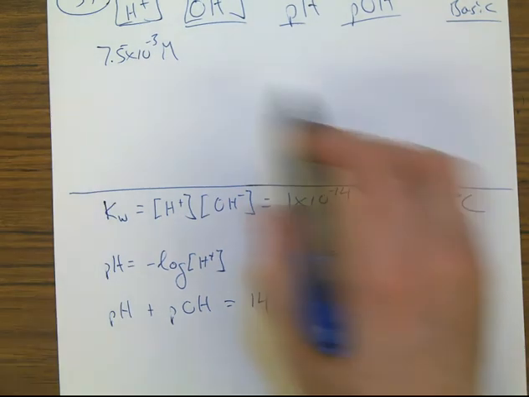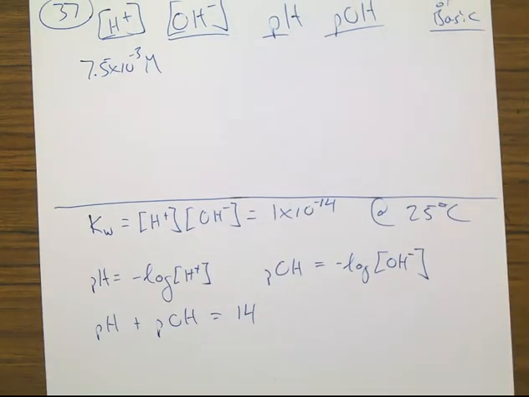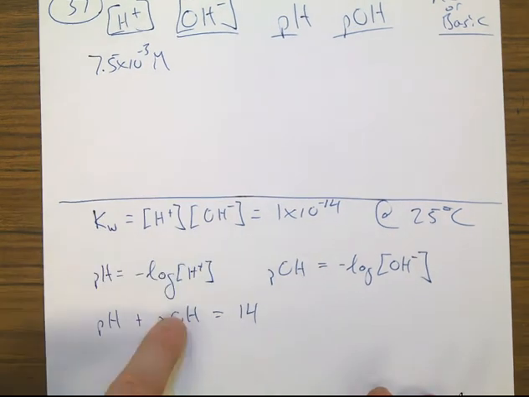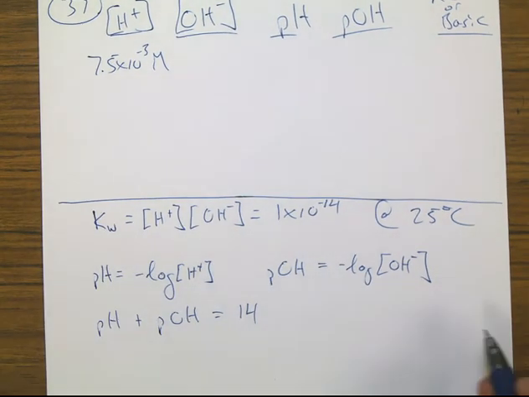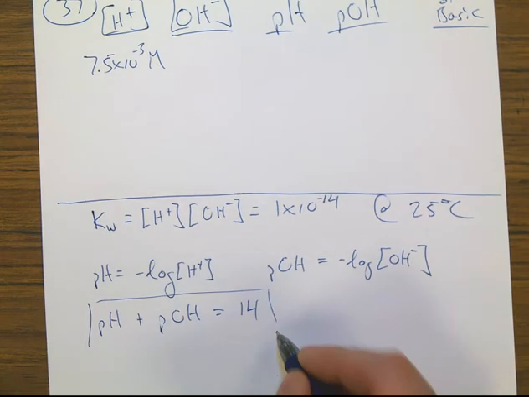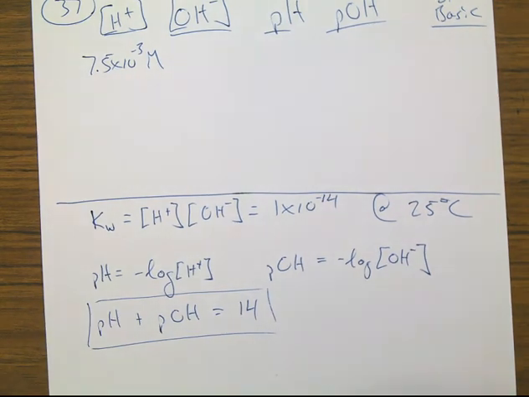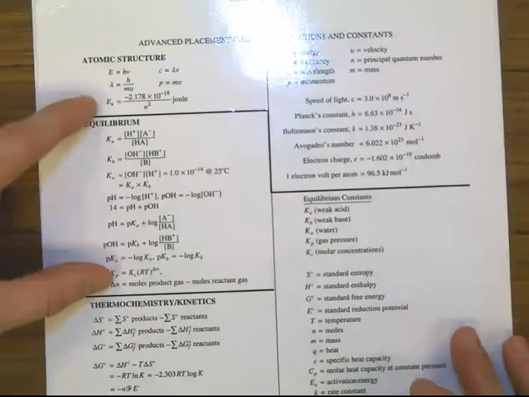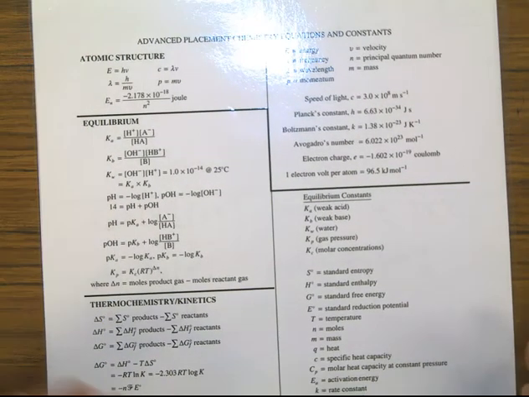So for figuring out all the unknown information in this question, you have to use this equation, and this equation. You really won't need to use the pOH as long as you know this very important one, that pH plus pOH equals 14. All of this is in the equilibrium section of your equation and constant sheet.